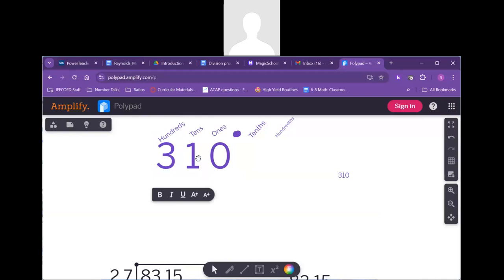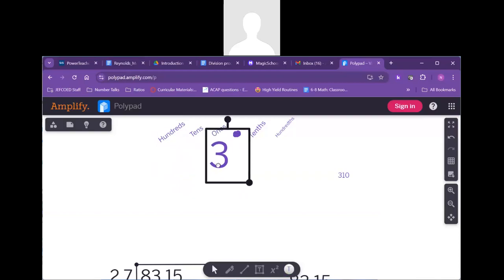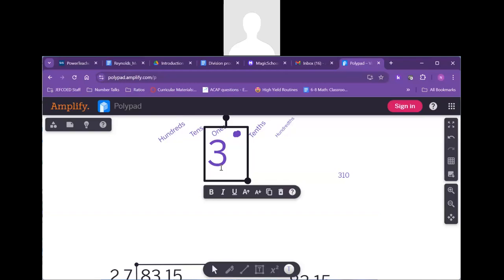All right, so what if we want to multiply a number by 100? Let's say I have my 3 here in the ones place. If I want to multiply it by 100, I move it 2 times, because 10 times 10 is 100.